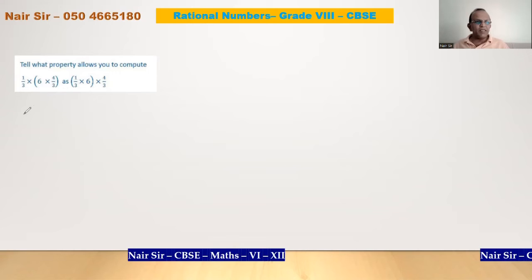I have got this, so let me just write A into B into C instead of this, and here it is A into B into C. Am I right? What is this? I think it is the associative property. Associative property of multiplication.